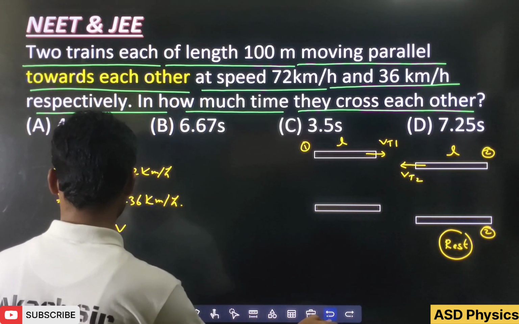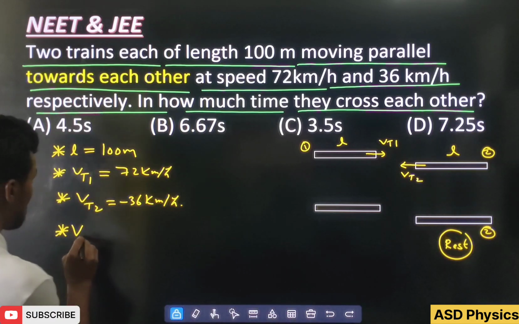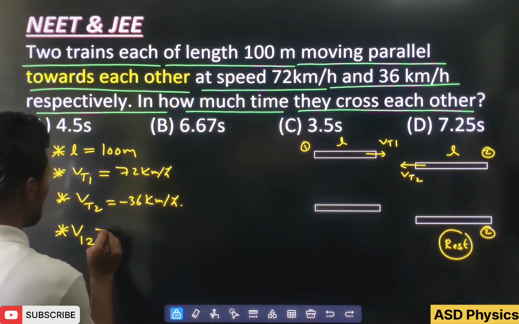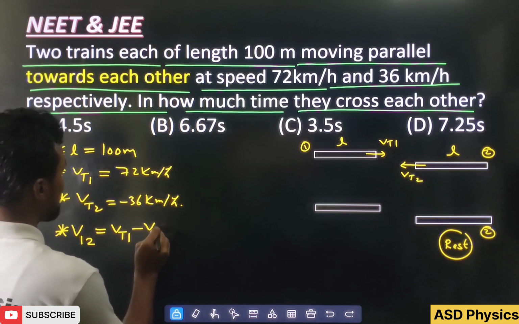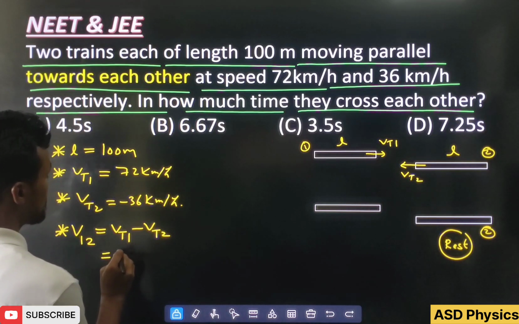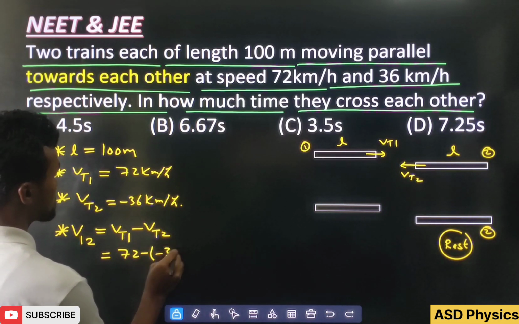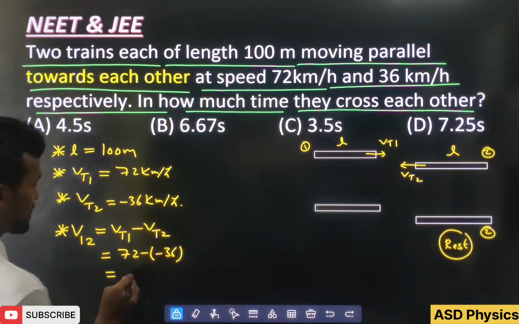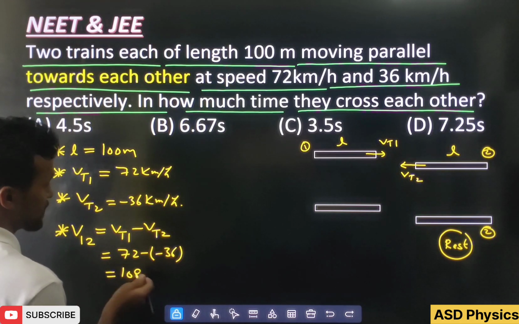Velocity of train 1 with respect to 2, because 2 is stopped, we can write VT1 minus VT2. VT1 is 72 minus of minus 36, so 72 plus 36, it will come 108 km per hour.